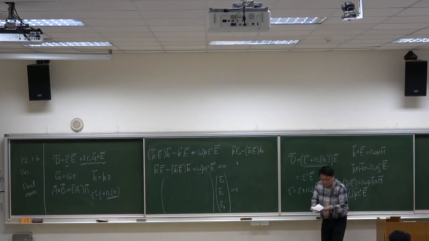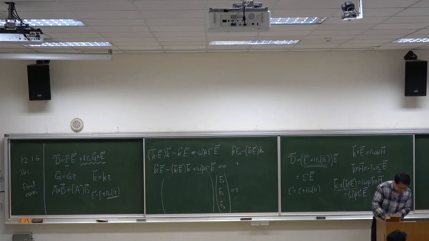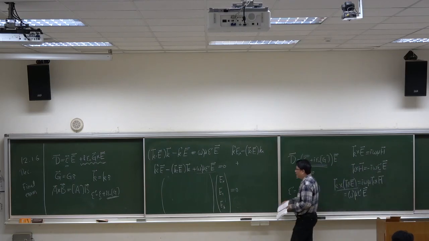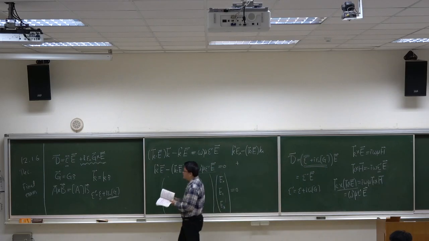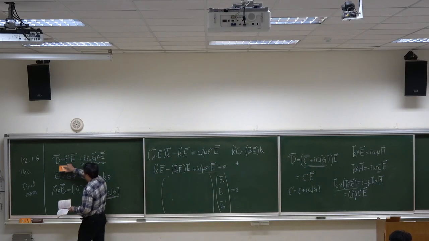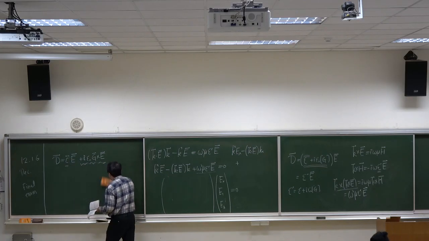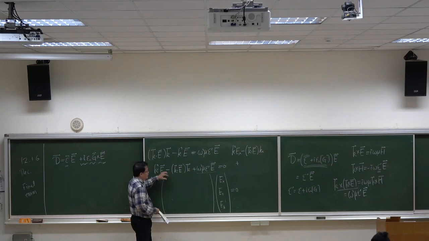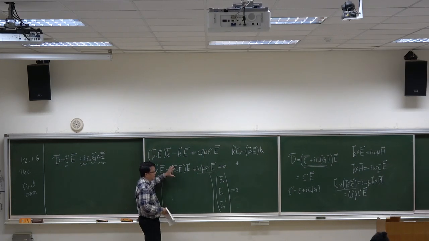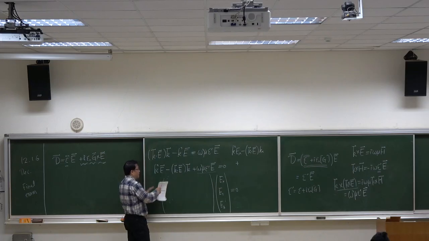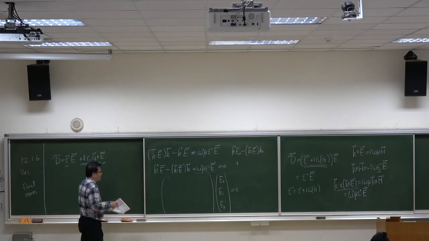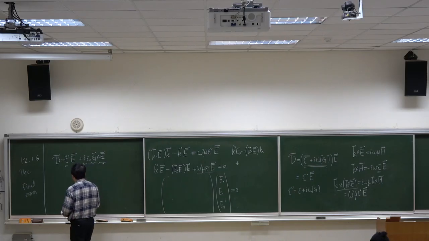And the result is this one. I have written a note for the derivation, but I will not go through it in this class. I will just send the files to you for your reference.